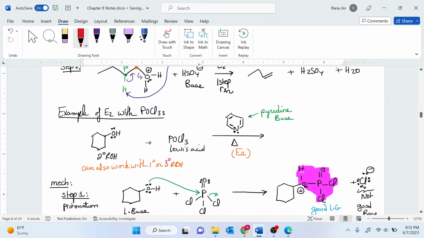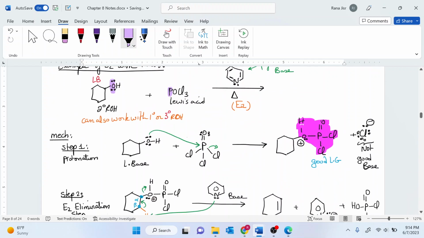We've learned in the second chapter the reactions between Lewis acids and Lewis bases. So this guy is a Lewis base. It's a Lewis base from the oxygen in there. So whenever you have a Lewis base and you have a Lewis acid from the phosphorus in there, try to write the Lewis structure for phosphorus oxychloride.